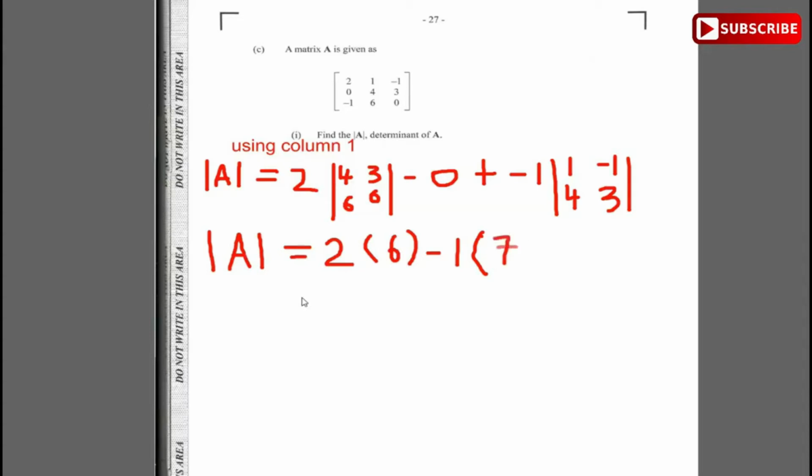So the determinant of A is 2 times 6 minus 1 times 7. That's 5.